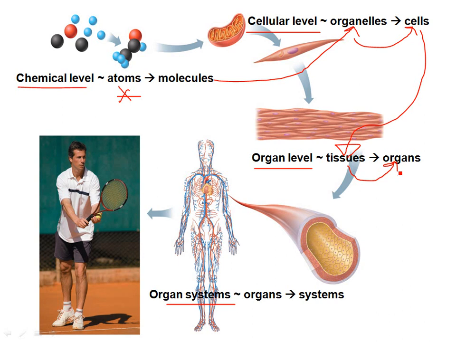Organs are things that tend to surprise people. 1 muscle is an organ. 1 bone is an organ. 1 blood vessel is an organ. If I get different organs together performing common function, that's an organ system. And if I get different organ systems performing common function, that's an organism.